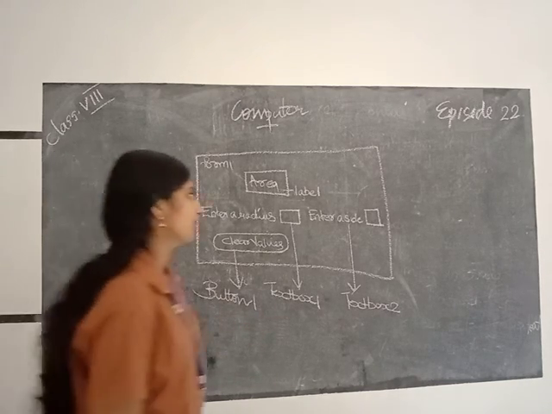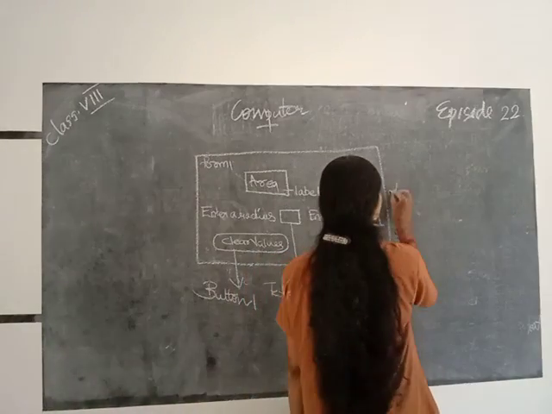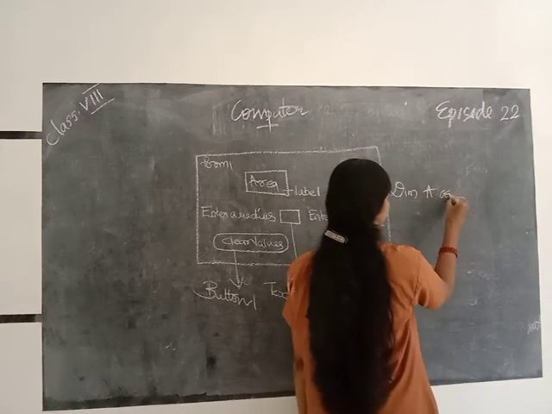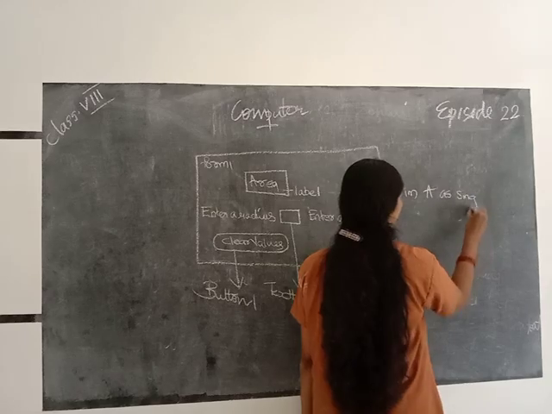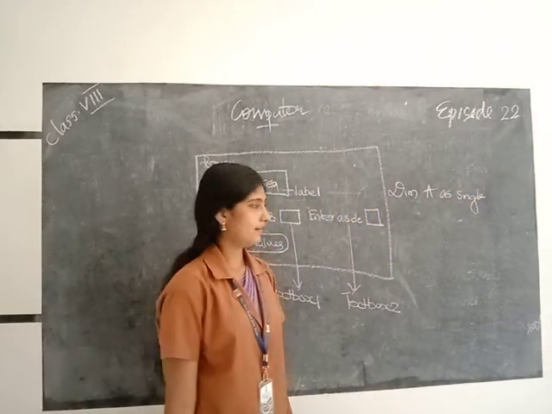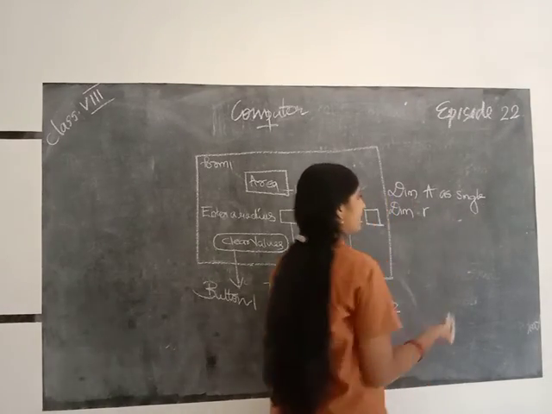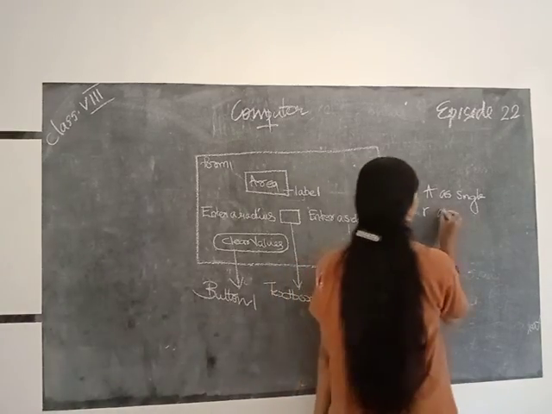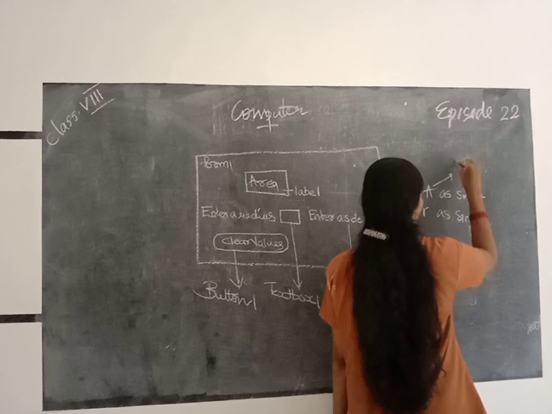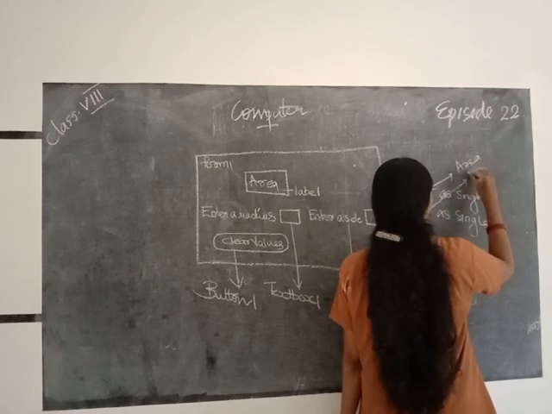So first step, we need to assign a variable for area. So Dim a as single. a is the letter used for area, and then Dim r as single. a means area and r means radius.